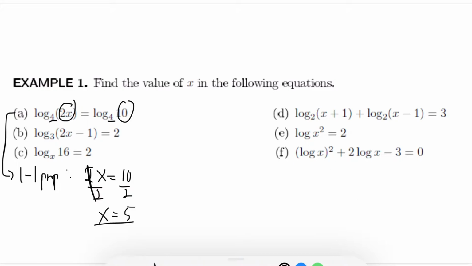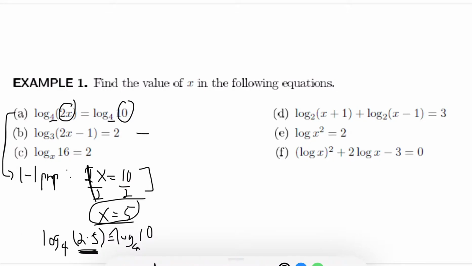Is this a solution? Log base 4 of 2 times 5, this is 10, so correct. Actually, there's no need to substitute fully. All we need to do is check if the substituted portion is positive, because if it is positive, then the answer is correct, given that your solution is also correct. So for number 1, the solution set is the set containing 5.